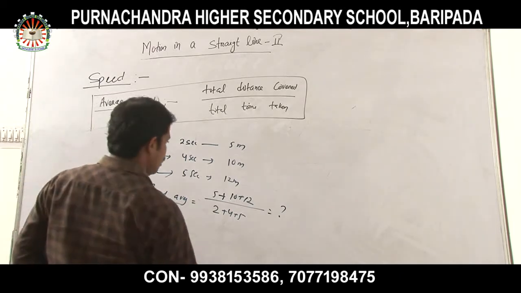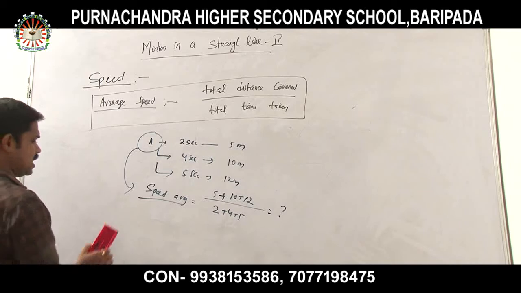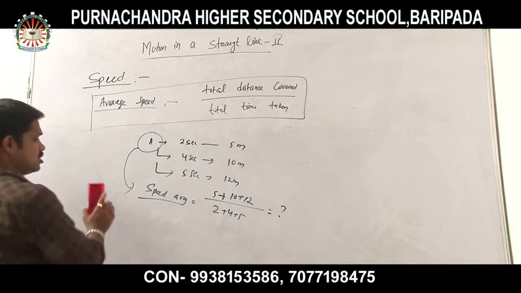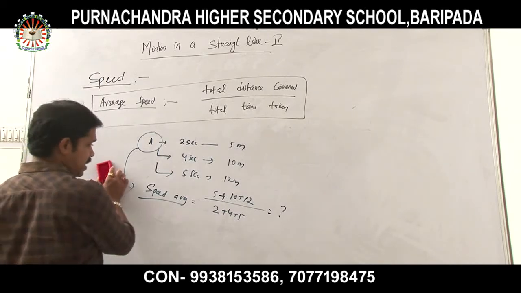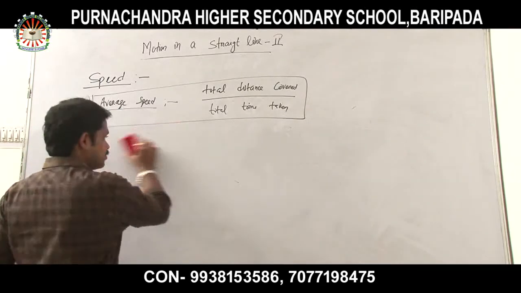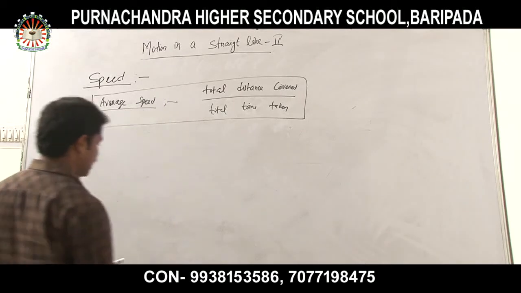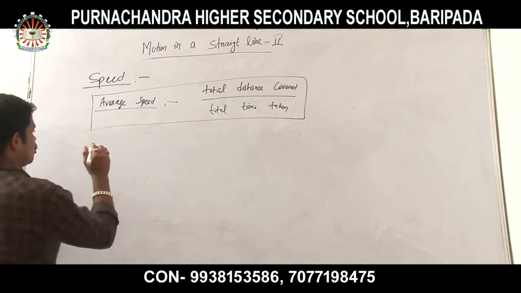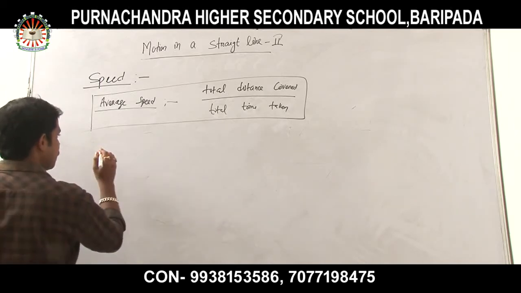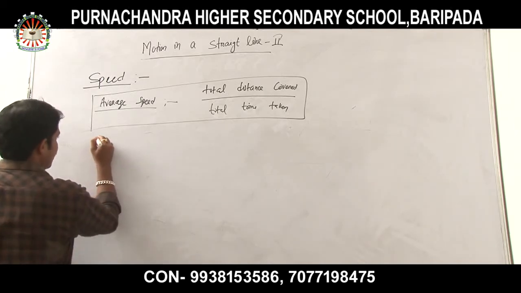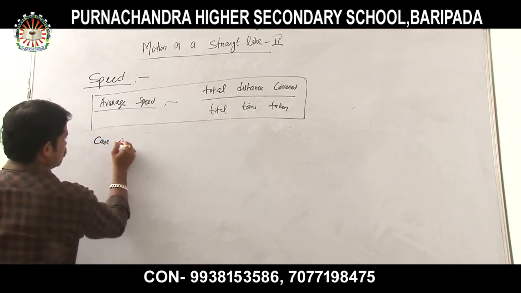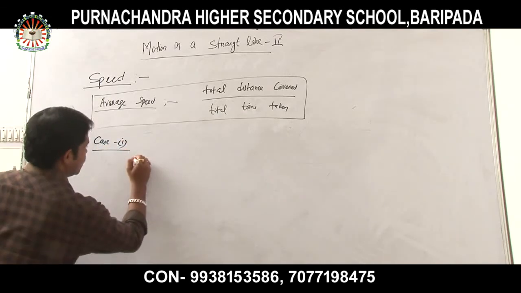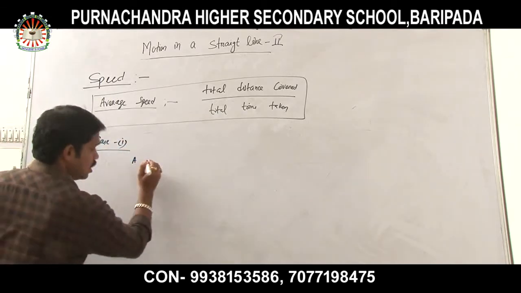Now in this calculation of average speed there are some special cases. Let us discuss the special cases. It's very important. So what are the special cases? Case number 1. Be very careful.